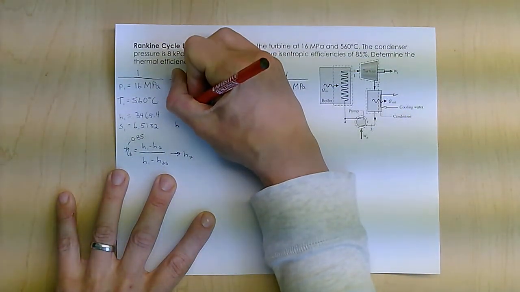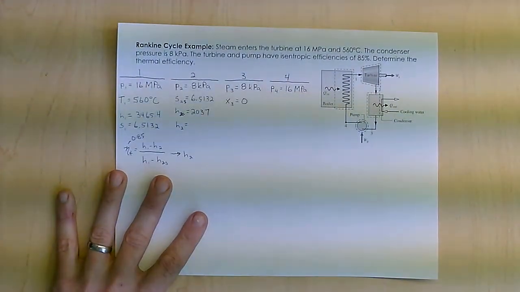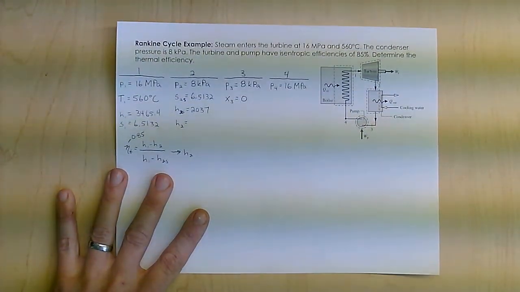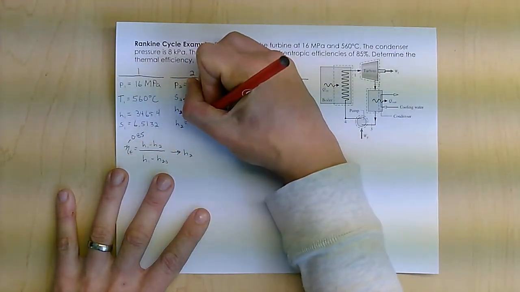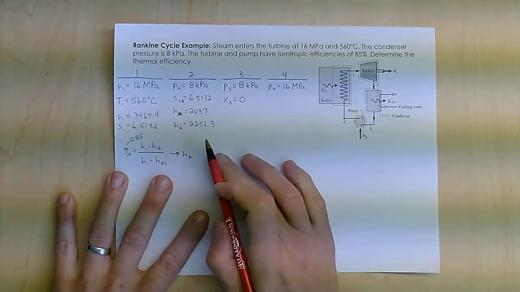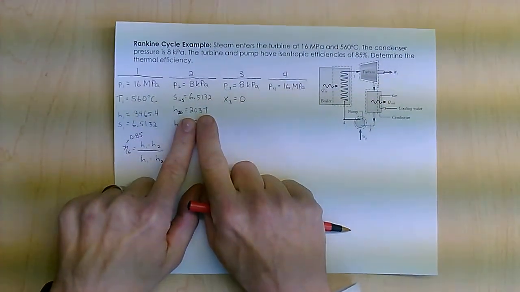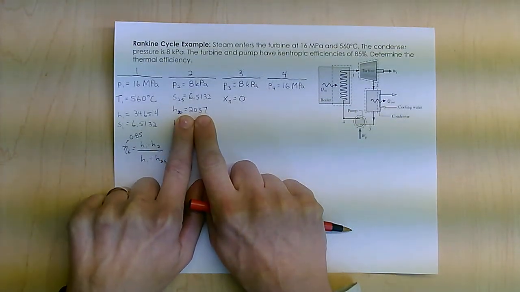Plugging in my values for H1, H2s, and my efficiency, I get 2251.3 when I do that calculation. So this is the actual performance, and this is the isentropic or best case performance.